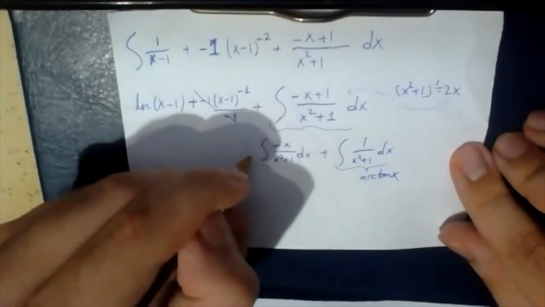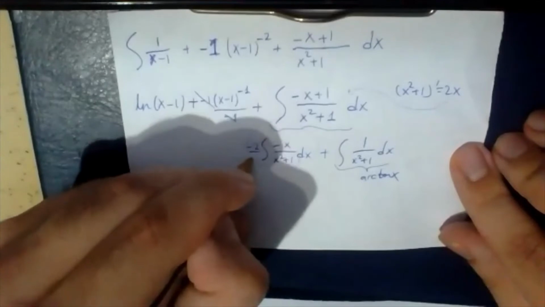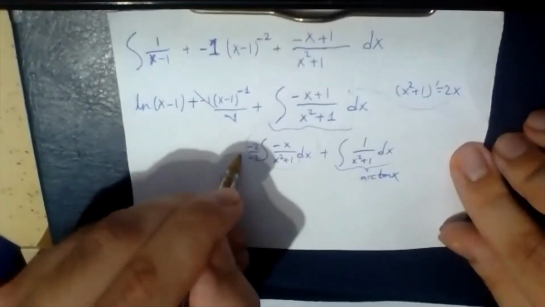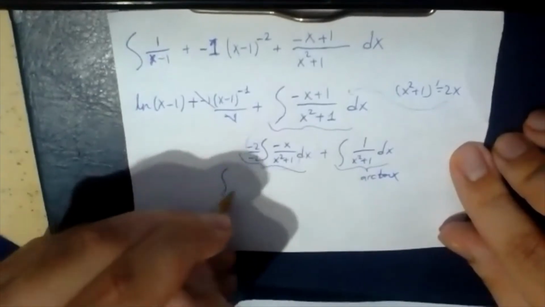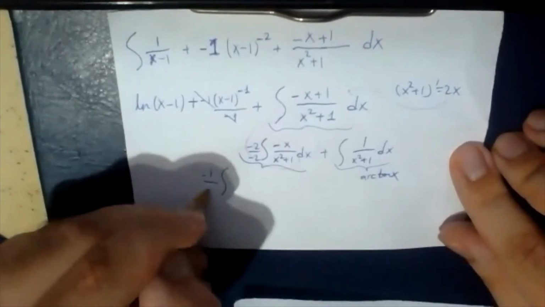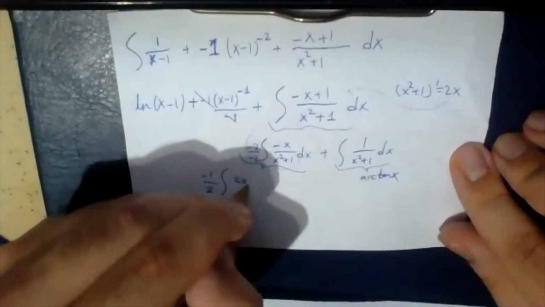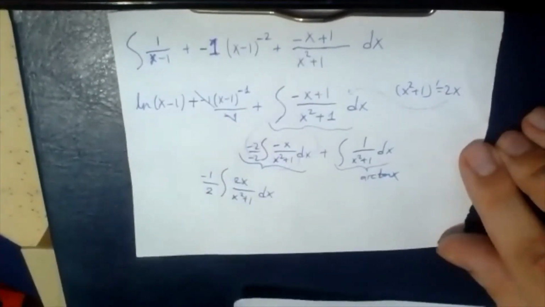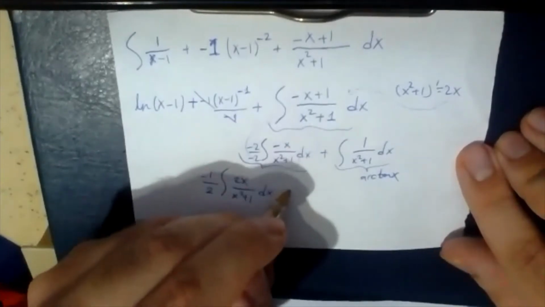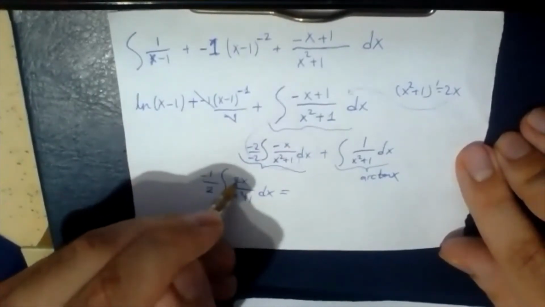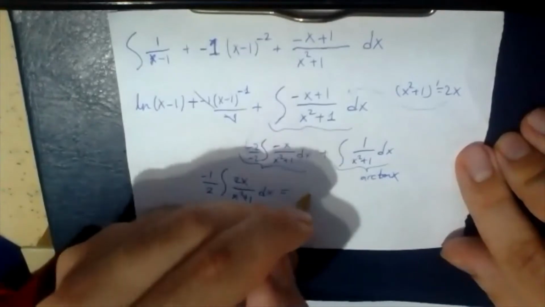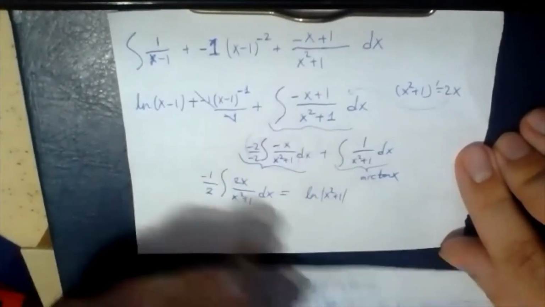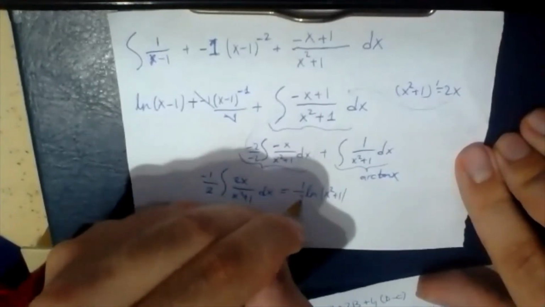So if we multiply and divide it by minus 2, in the denominator we will have plus 2x. So this integral will be minus 1 over 2 times the integral of 2x over x squared plus 1 dx, which is equal to, since the numerator is exactly the derivative of the denominator, ln of the denominator times minus 1 over 2.